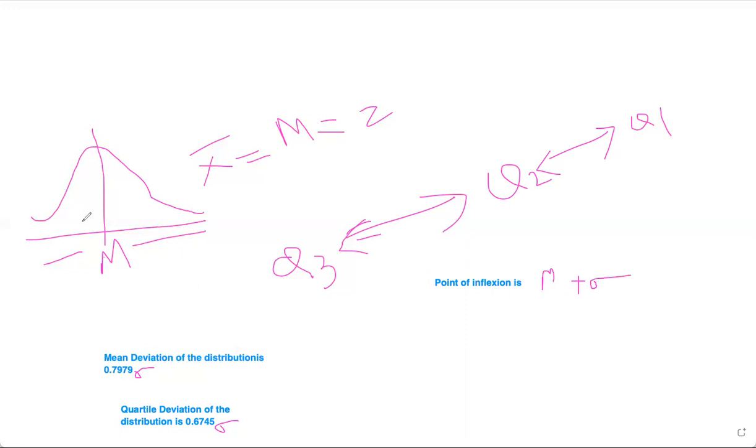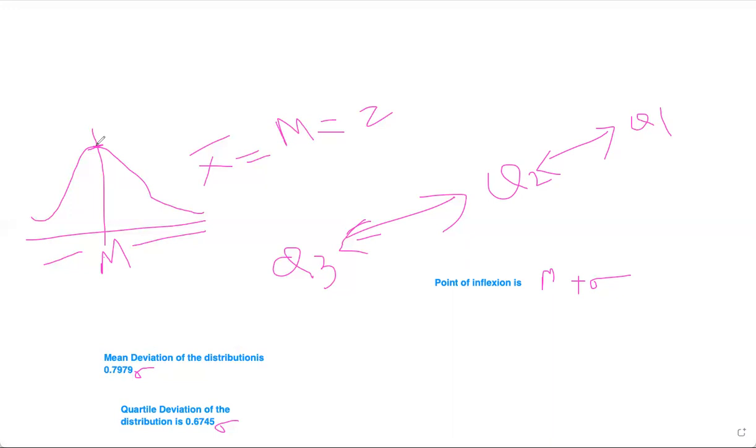This is what we call the point of inflection, the point where it turns, okay? Are you following? Yes, ma'am. And it's a bell-shaped curve, okay? Remember this also.